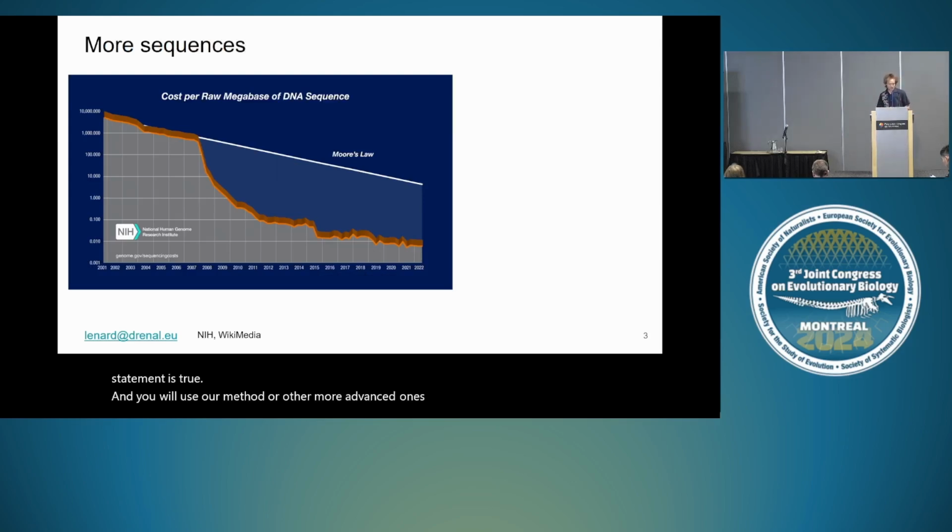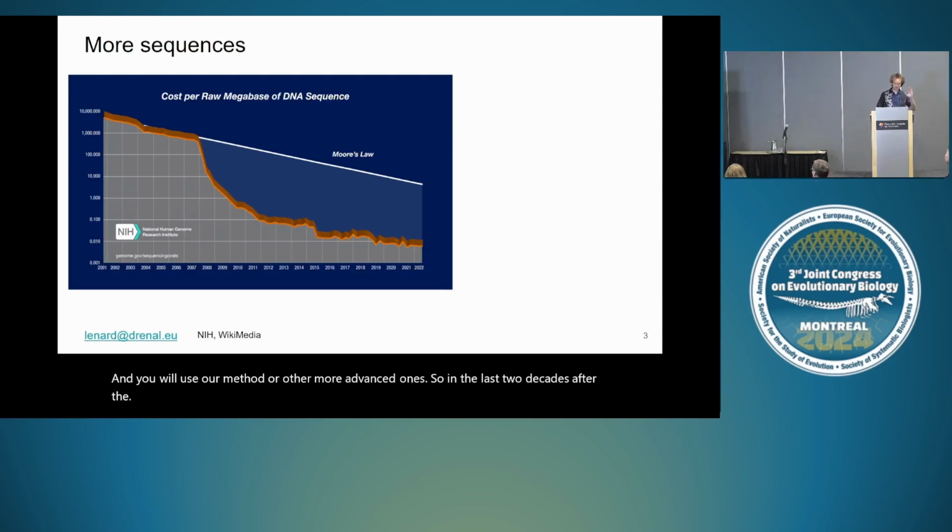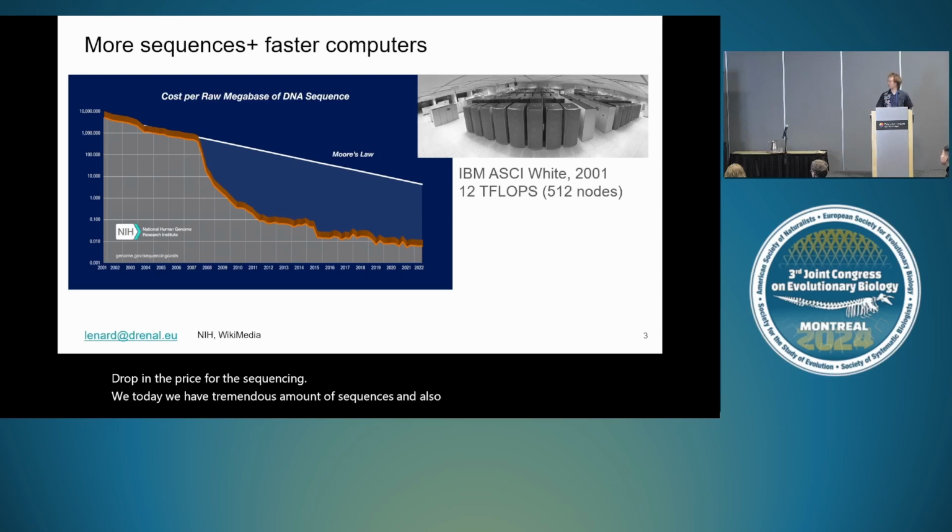In the last two decades, after the drop in the price of sequencing, today we have a tremendous amount of sequences, and computers also got faster and faster, following Moore's law.